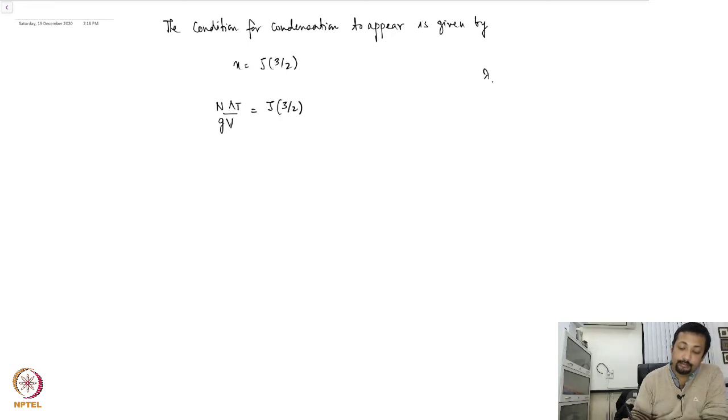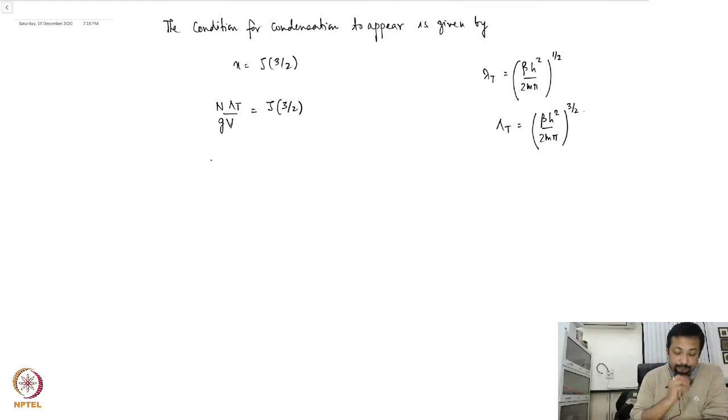Now lambda t is beta h square over 2m pi raised to the power half, so that the thermal de Broglie volume is beta h square over 2m pi raised to the power 3/2.